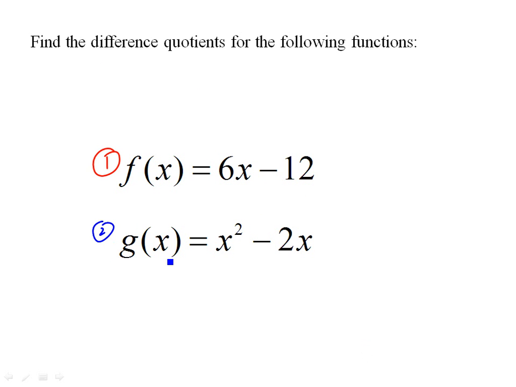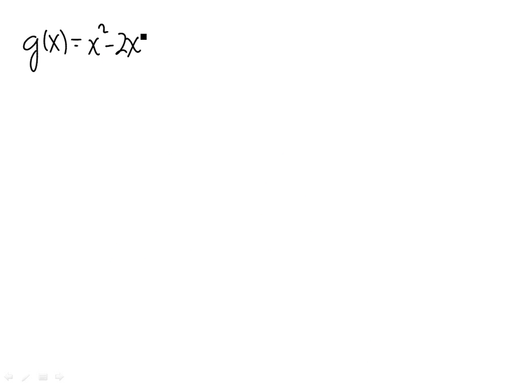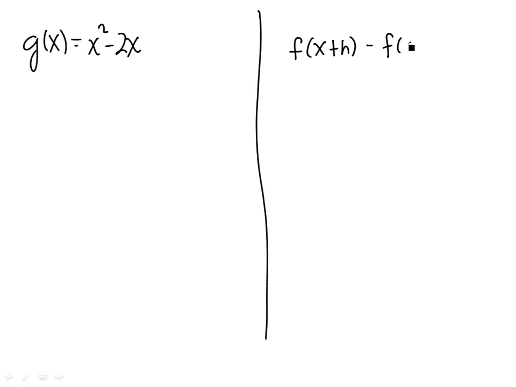g of x equals x squared minus 2x. Again, the difference quotient is f of x plus h minus f of x, all over h. You don't need to memorize that formula. I will put it on the exam, but you do need to know how to evaluate this difference quotient.